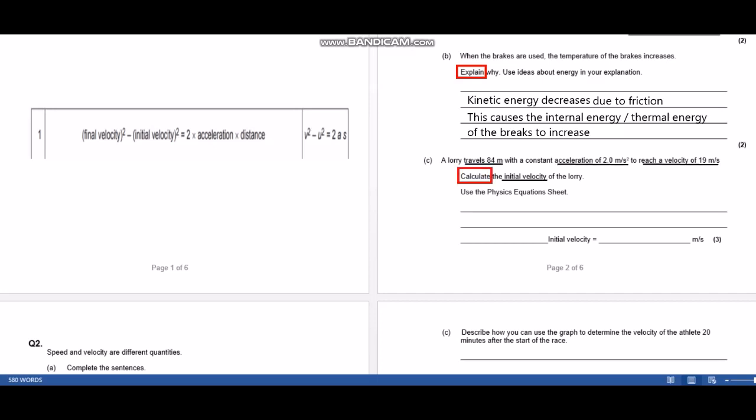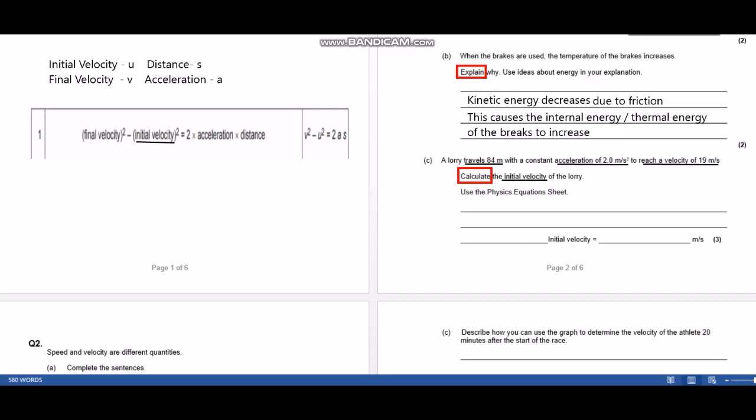Okay, I've underlined all the crucial information. Calculate means we need this equation, and it says the initial velocity. So now we need to rearrange this equation to make the initial velocity the subject of the equation. Looking to the right of the word equation, we can see all the symbols: initial velocity is u, final velocity is v, distance is represented by s, and acceleration is a.